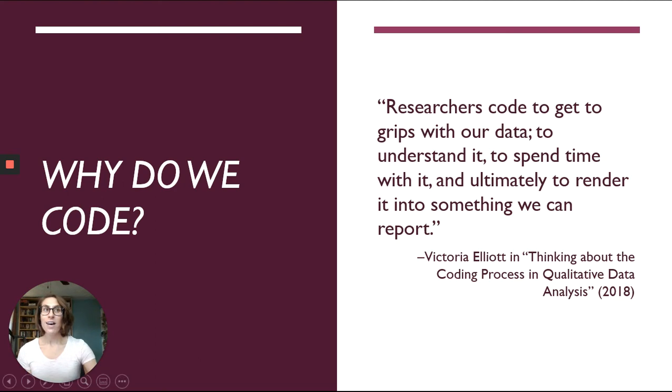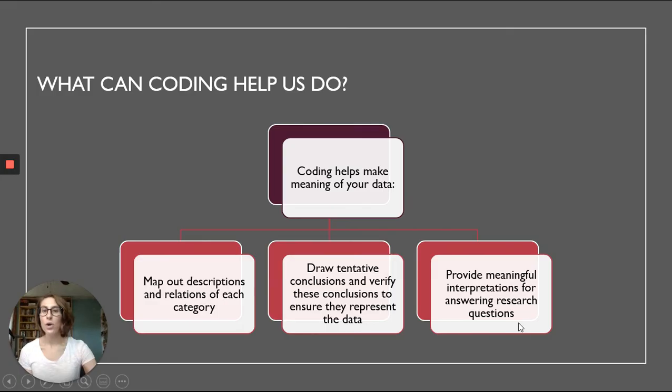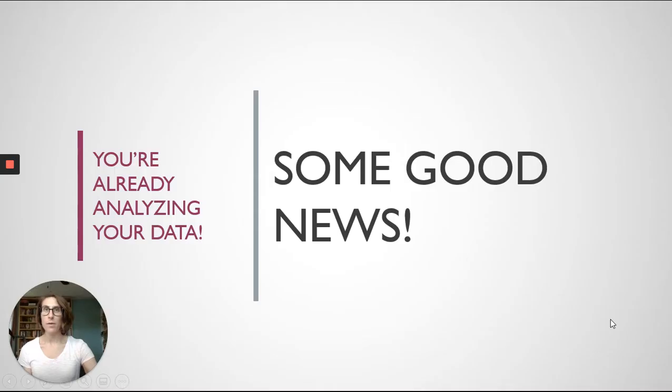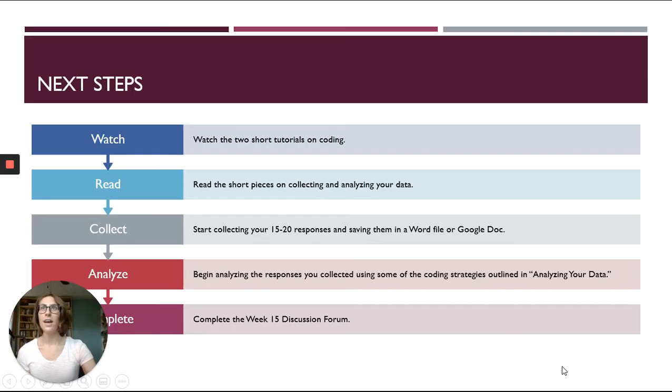So taking these next steps are going to help you continue making progress toward your qualitative research projects. And those are, first, watch the two short tutorials on coding. They go into a really good explanation of what it is and how to do it.